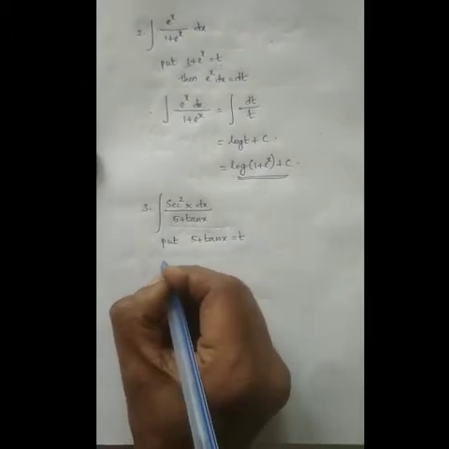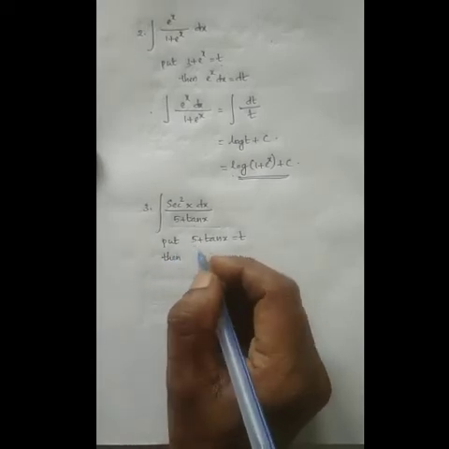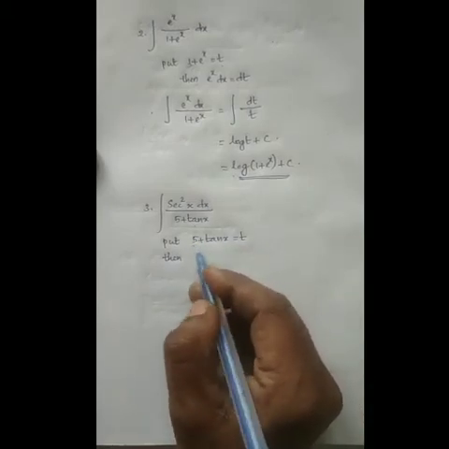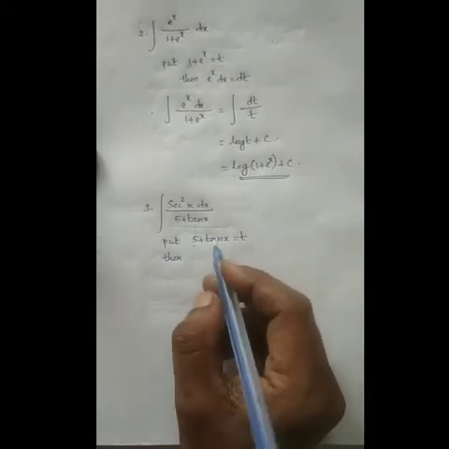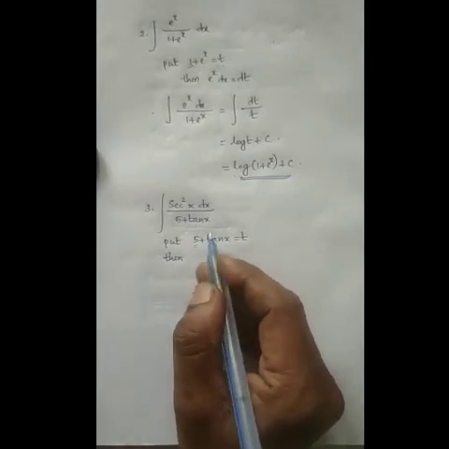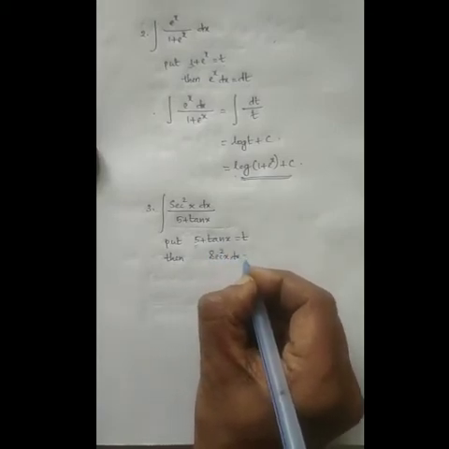Then differentiating, we get differential of 5 is 0, since it's a constant, and differential of tan x is sec square x, into dx equal to dt.